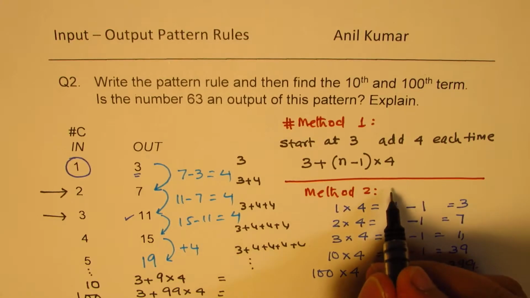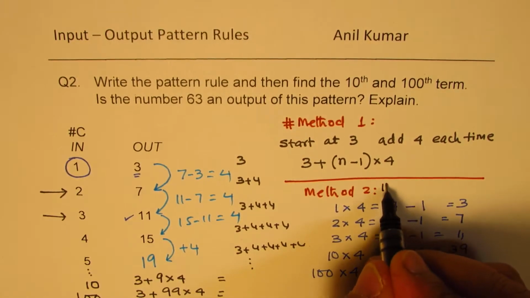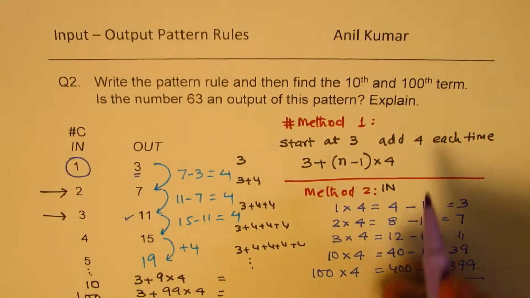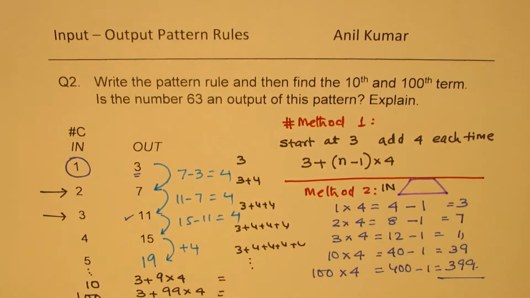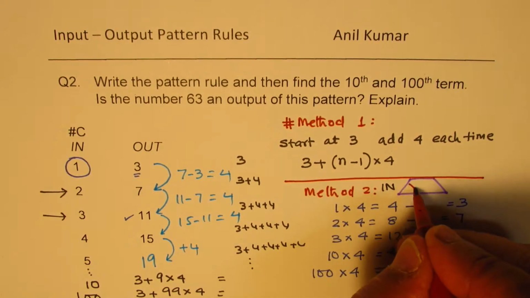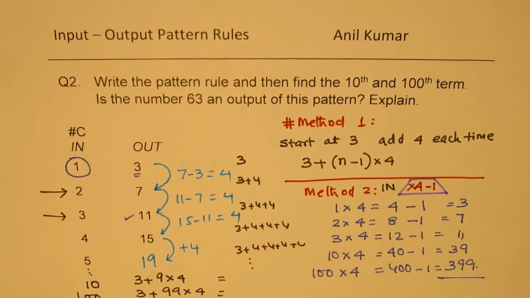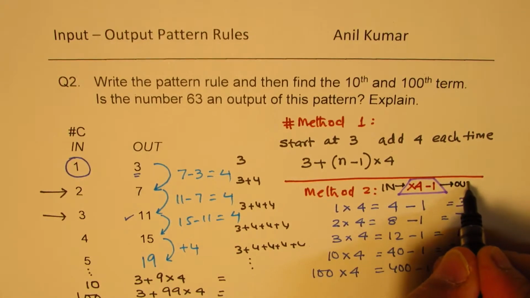The rule is like this, that I have an input, and the machine which I have is multiplying each number first by 4. I'm saying times 4, and then take away 1. So that is the operation to get the output. You see that?